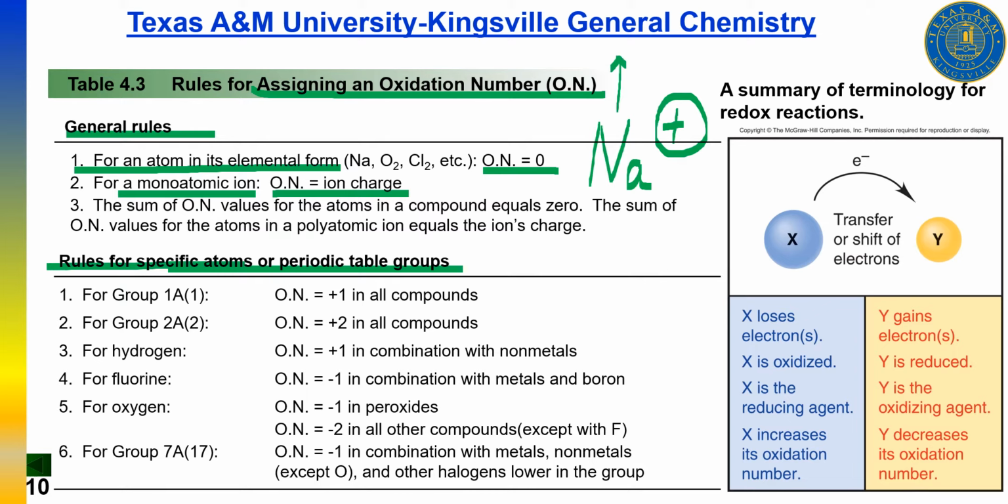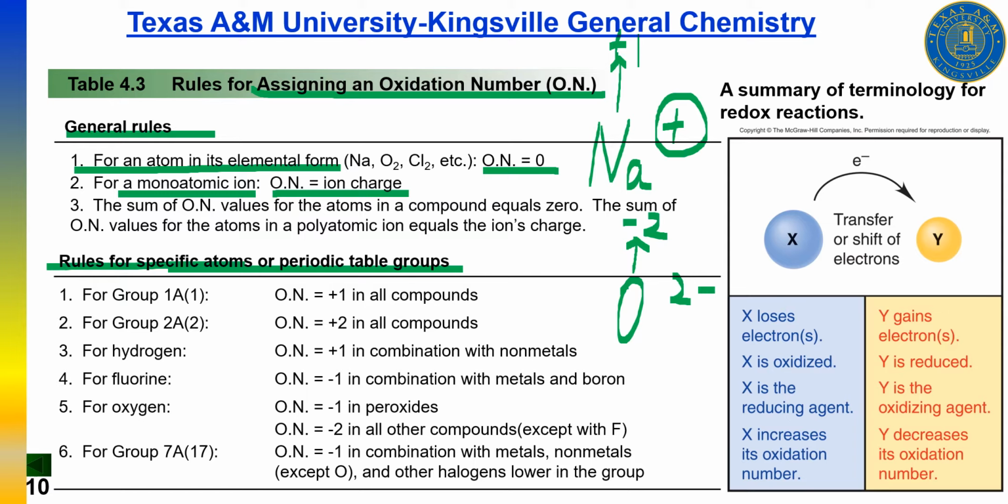It's called positive 1. For your oxide, O2-, this monoatomic ion has an oxidation number -2. That's how you determine the oxidation number for the monoatomic ions.